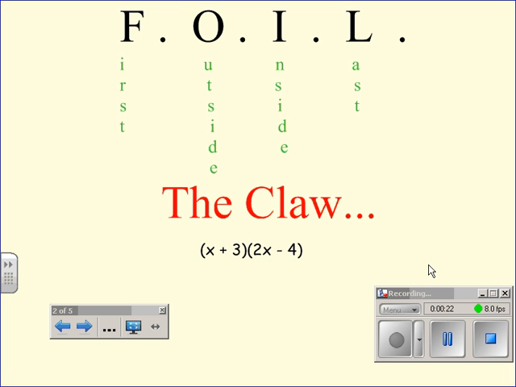The F of the FOIL method is referring to the first number. In other words, it is the first number of each binomial. Here we have a binomial x plus 3, and we have another binomial 2x minus 4. The first number in the first binomial is x, and the first number in the second binomial is 2x.